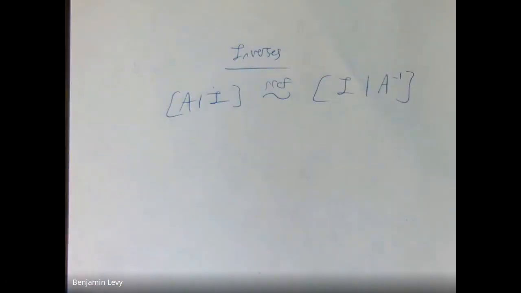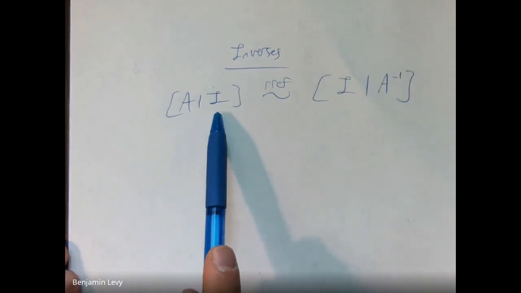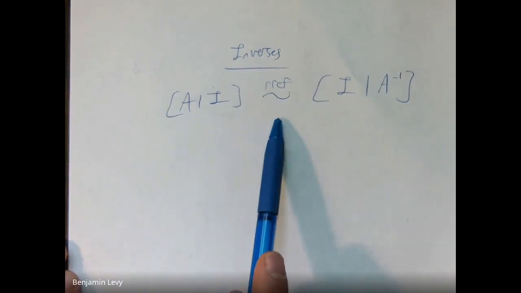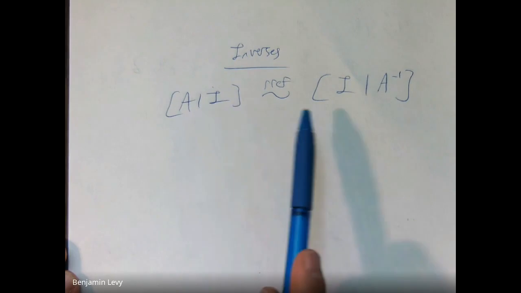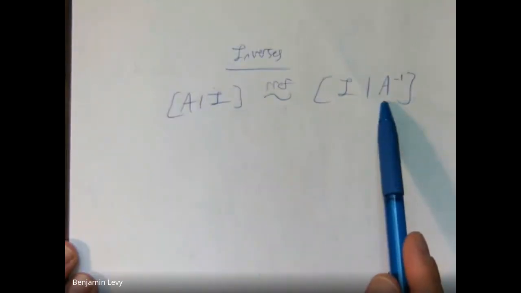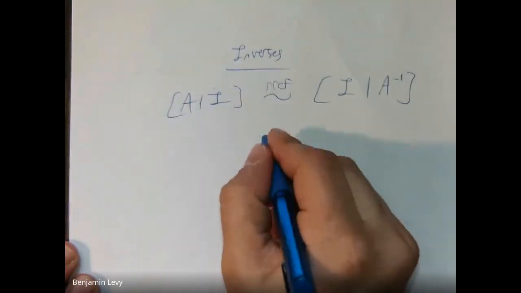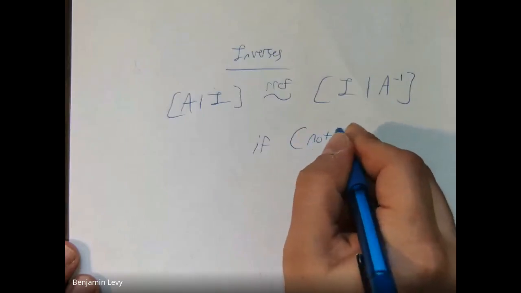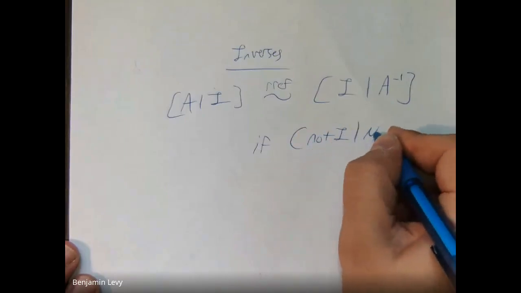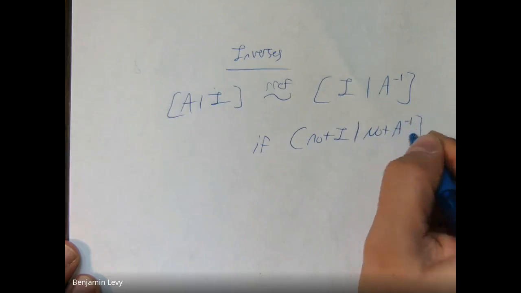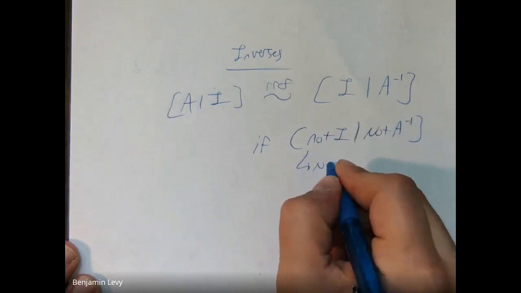Correct? Yep, you put the matrix in with I, the identity matrix, just like you said. You row reduce. If A turns into I, then whatever I turned into will be the inverse. If you get not I, then you're going to get not the inverse. In other words, no inverse will exist.